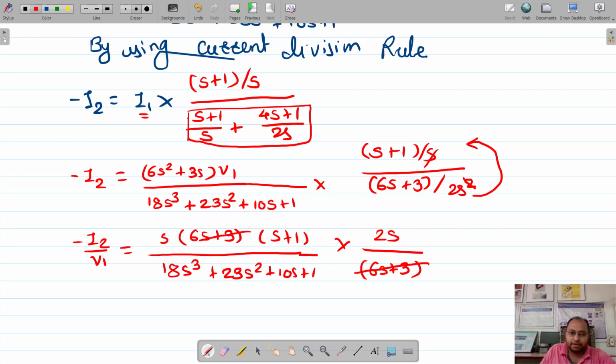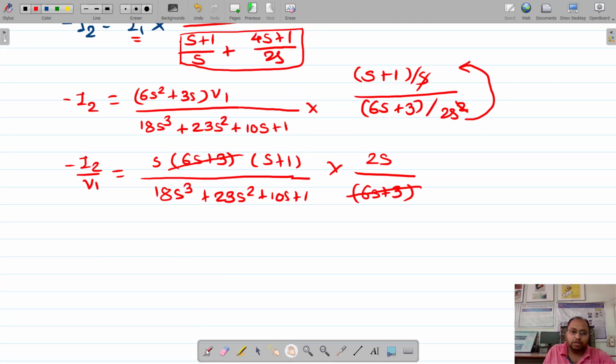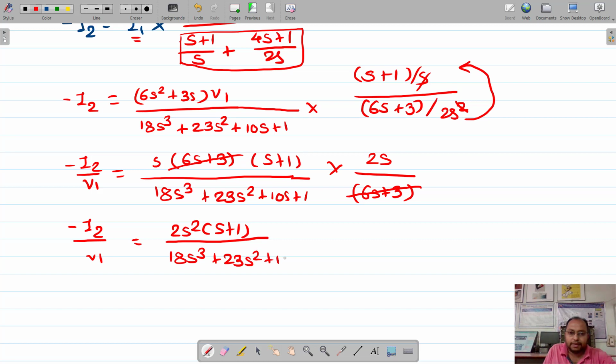Yes, definitely I can. Okay, so finally what will be the remaining terms in the numerator? So that is nothing but I2 divided by V1 is nothing but twice s square into s plus 1 divided by 18s cube plus 23s square plus 10s plus 1.